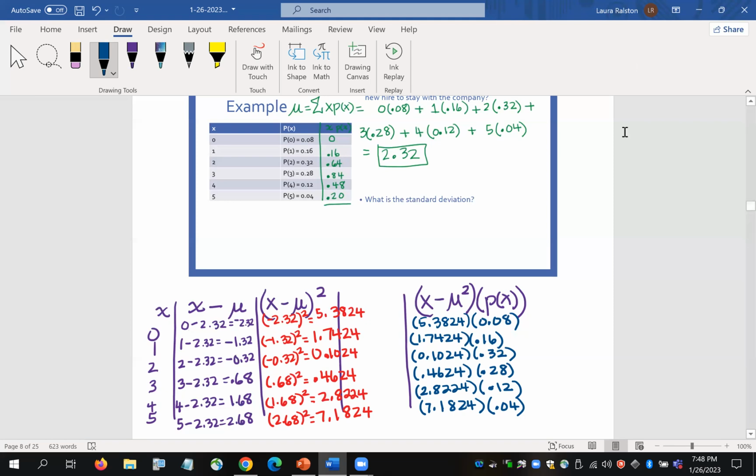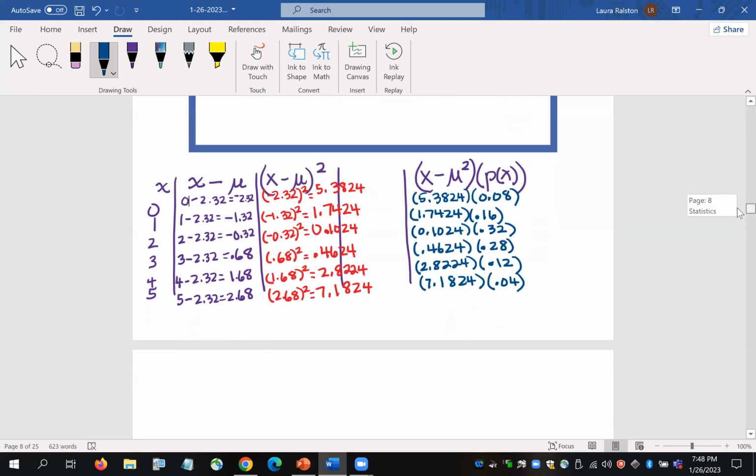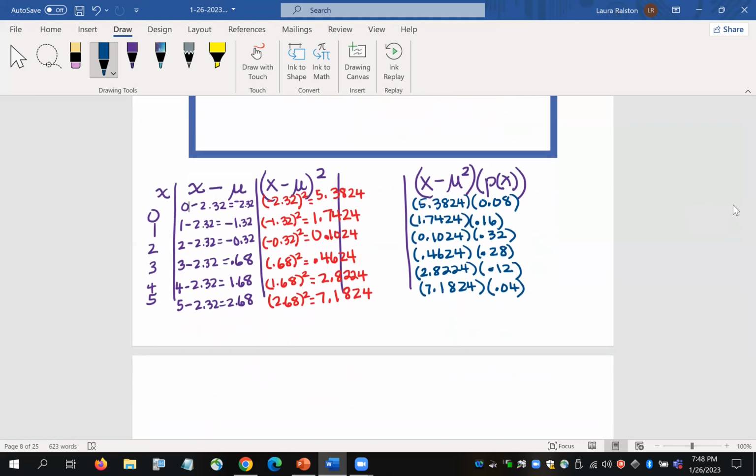Okay, I've done the multiplying and the adding at the same time, so that when I get down here, I have a total of 1.4976. And the last step to get my final answer is to take the square root of that number.